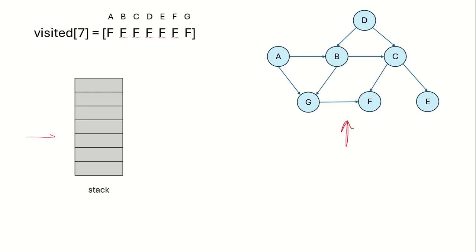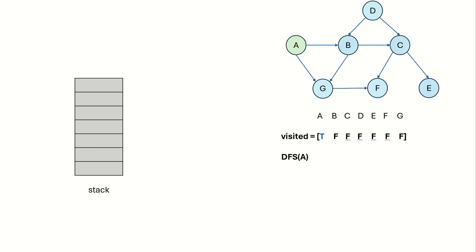So we have the stack over here and we have a visited array. Since the number of vertices in our graph is 7, we have these 7 elements. All of them have been initialized to false because none of these vertices are visited currently. So what we have to do now is take one unvisited vertex.